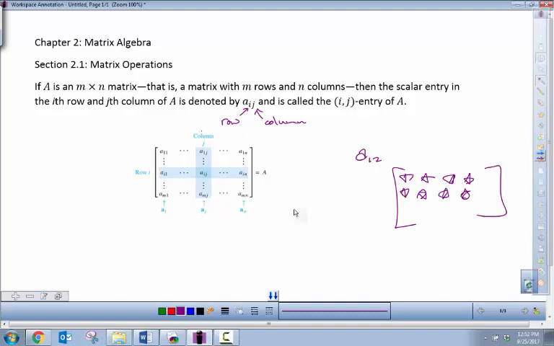First row and second column. So this is what we're referring to. So they say i and j to make it generic, and then when we want something specific, when we're working with a problem, then we'll actually point out the row and column.